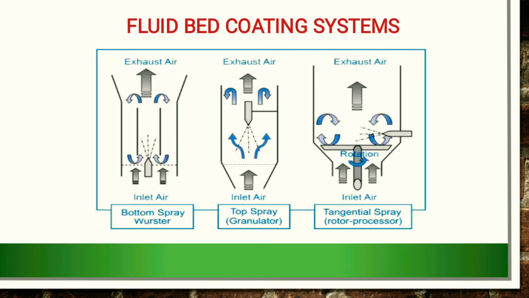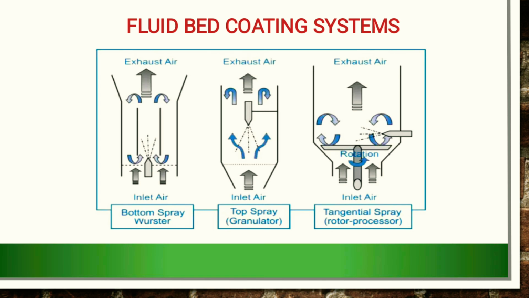Film coating can be applied to fluidized material by a variety of techniques, that is, either by top spray, bottom spray, or even tangential spray. The selection of a particular technique is often determined by the nature and intended functionality of the coating applied.